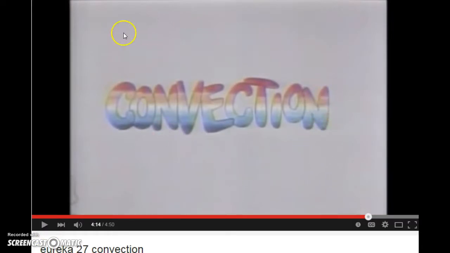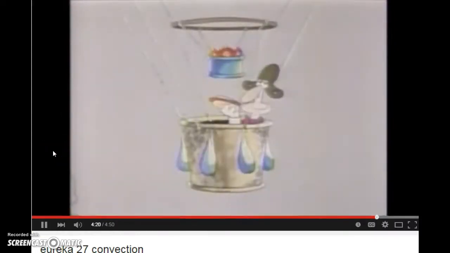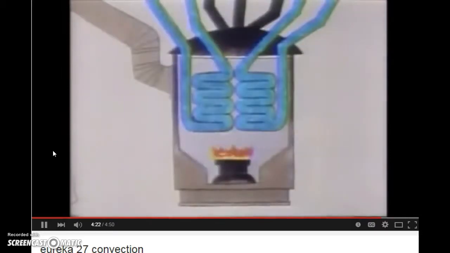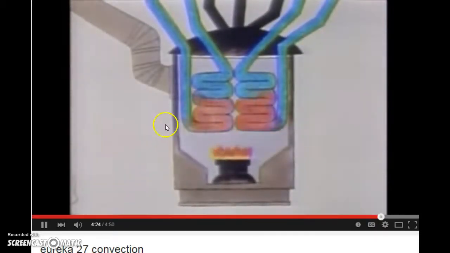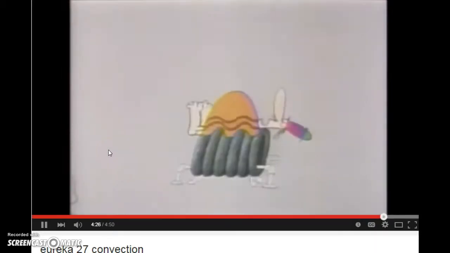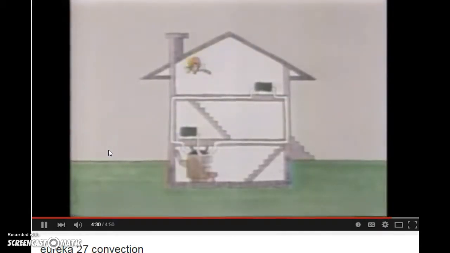Hot liquid's going to rise, the colder liquid's going to sink, and we call that convection. And it's thanks to convection that balloons go up, and hot dogs get hot when you put them over the fire, and the furnace in your basement is enough to heat your whole house.